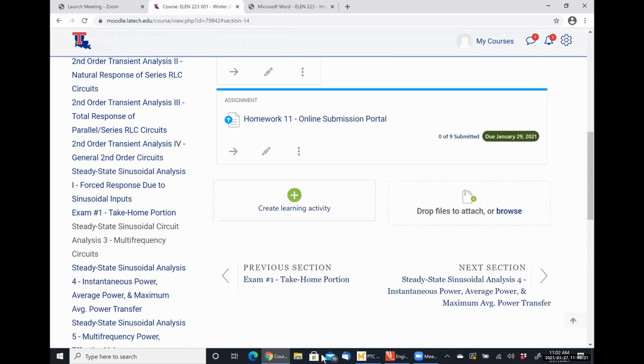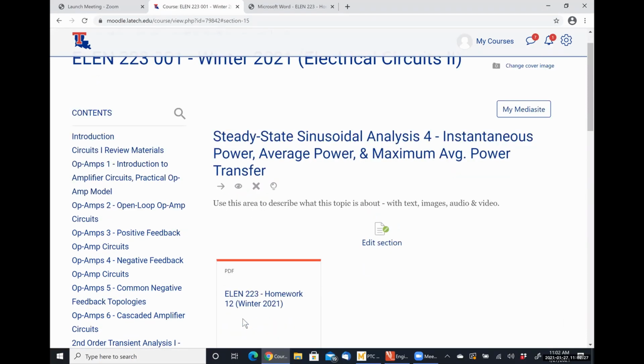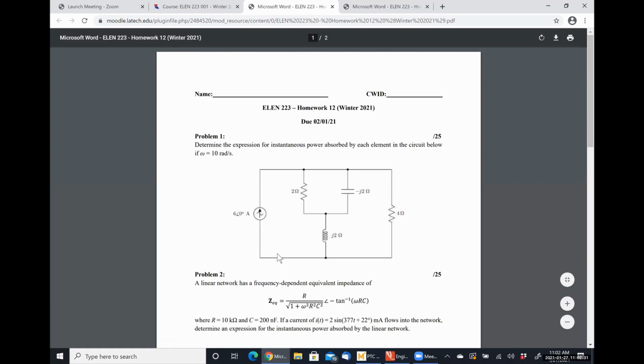Underneath the instantaneous power, average power, and maximum average power transfer section, there is a homework assignment as well. That one I have set due for this upcoming Monday. So it's 4 problems to be done in the next, let's see, if today's Wednesday, Thursday, Friday, Saturday, Sunday, 5 days.